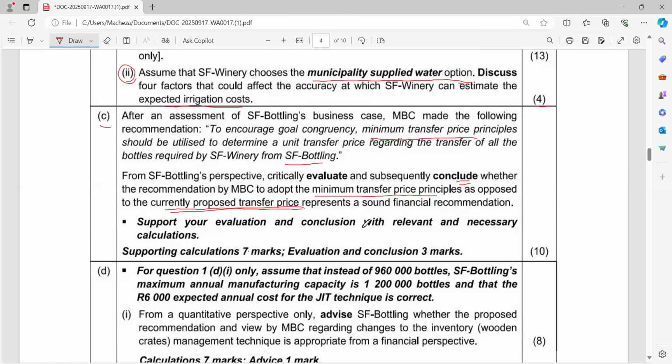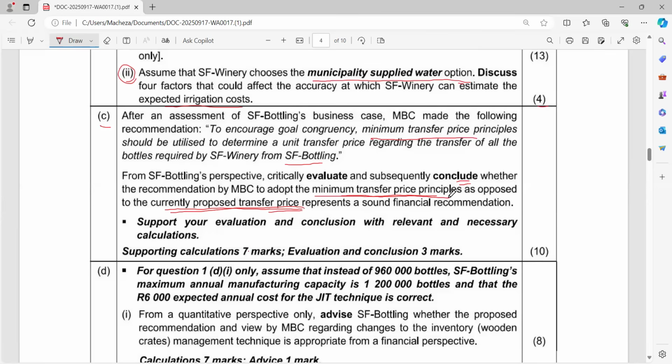Right? Then they say support your evaluation and conclusion with relevant and necessary calculations. So when we go into the scenario, we are looking at the currently proposed transfer price and the minimum transfer price.